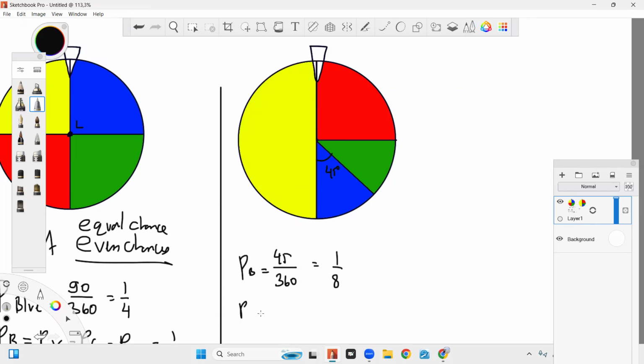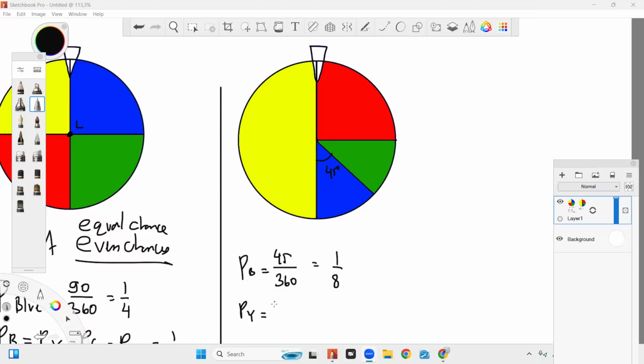How about P(yellow)? Georgia, what is P(yellow)? What is the probability of getting yellow? Easy. The answer is 180° over 360°. Why? Because the angle on the yellow color is 180°, a straight line. The total circle is 360°. So you can just write 1/2.